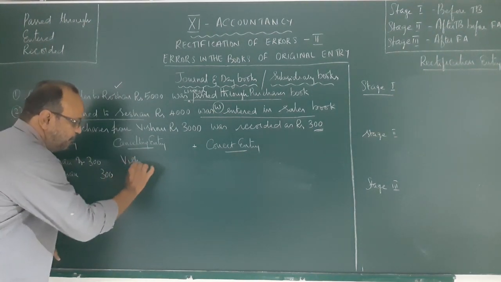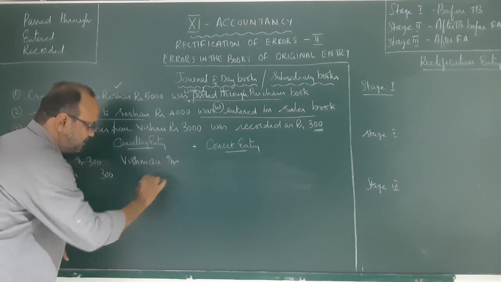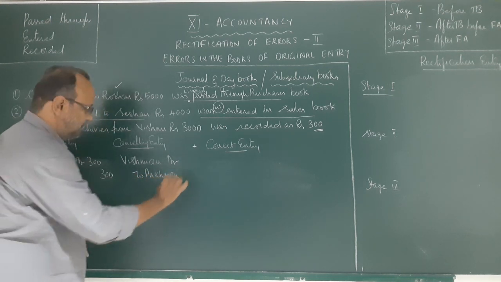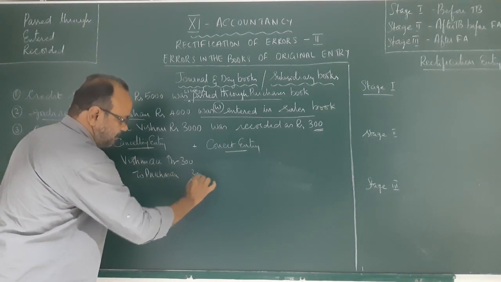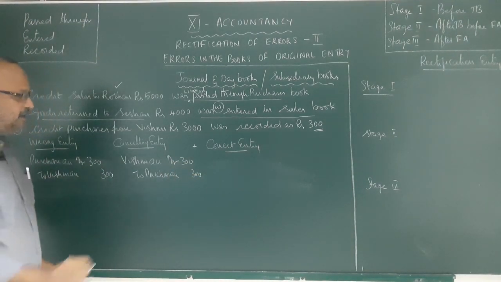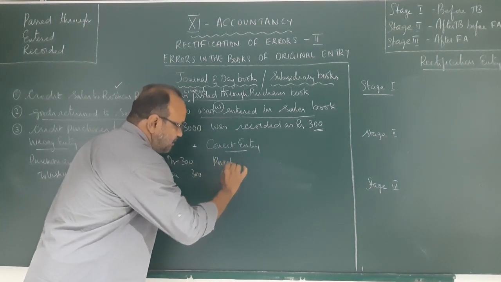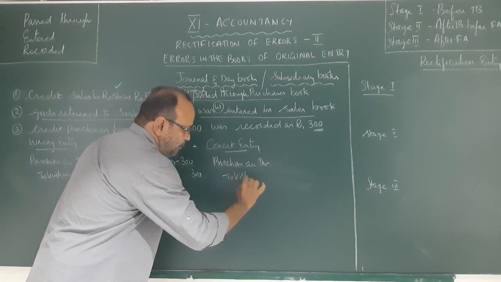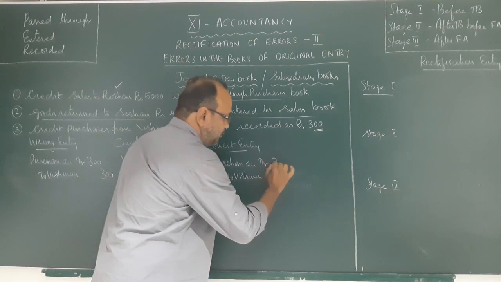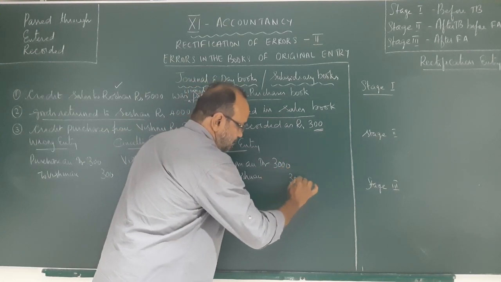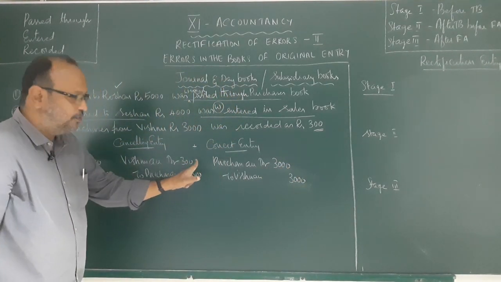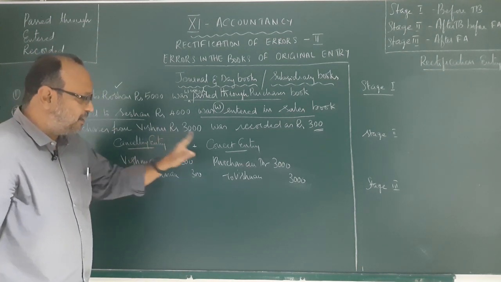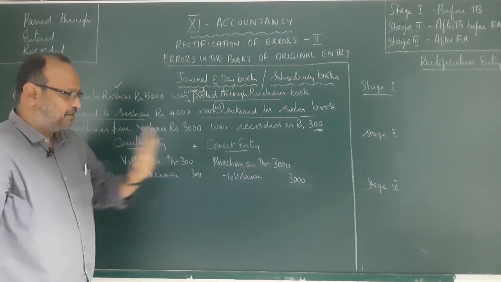Journal entry Vishnu account debit to purchases account, amount is 300. What is the correct journal entry? Purchases account debit to Vishnu account 3000. When we combine these two, cancelling entry and correct entry, we get the rectification journal entry.